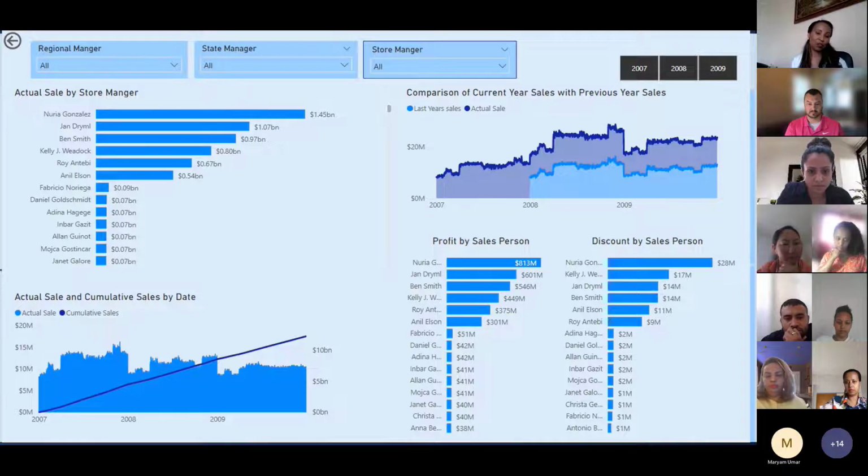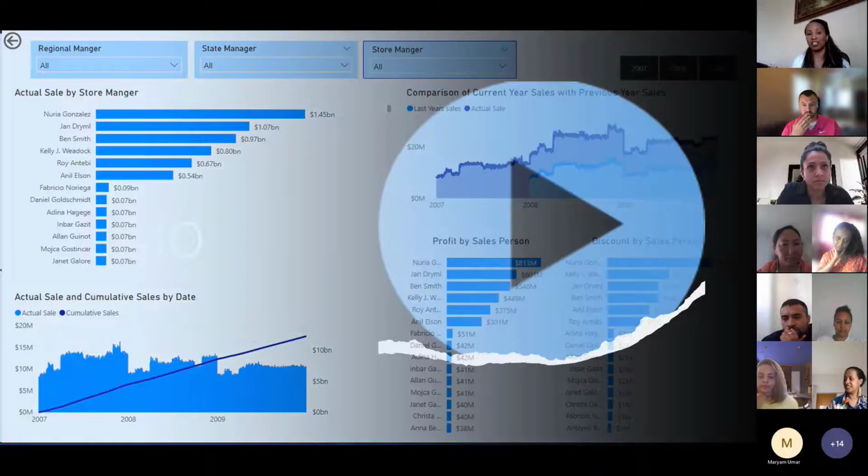Again, the manager can also see the actual sales and cumulative sales. This will help the manager to see if there is any hike in sales at a certain period of time, or if there is any decline in sales at a specific point. These charts also show profit and discount by salesperson.